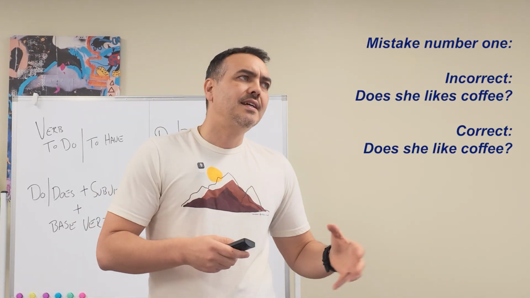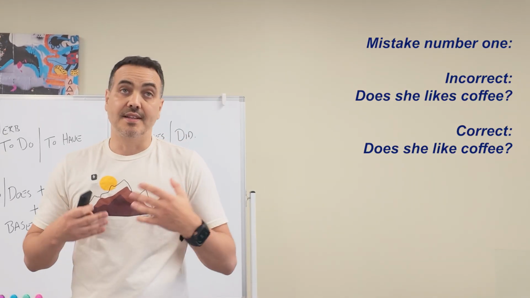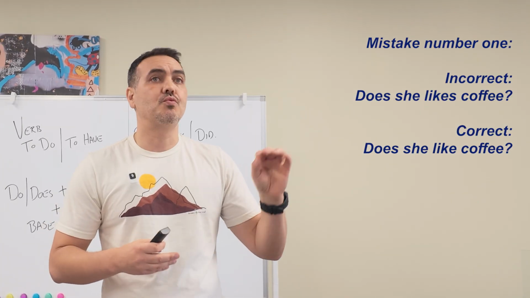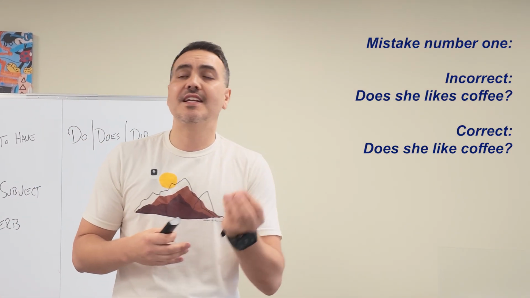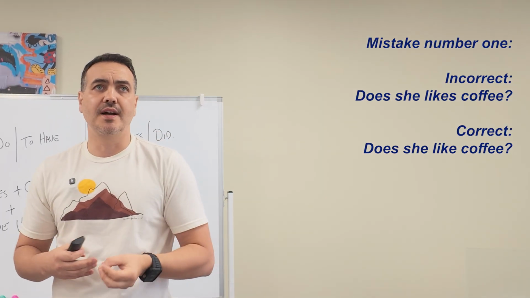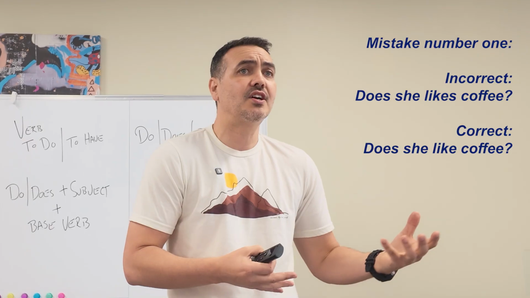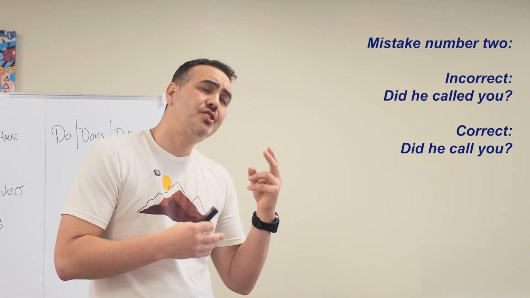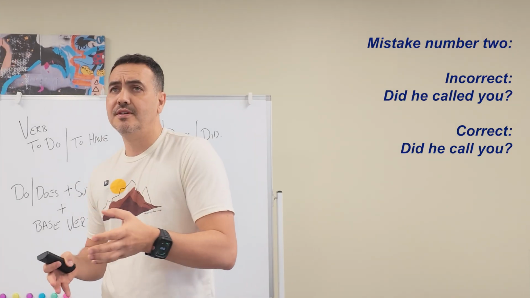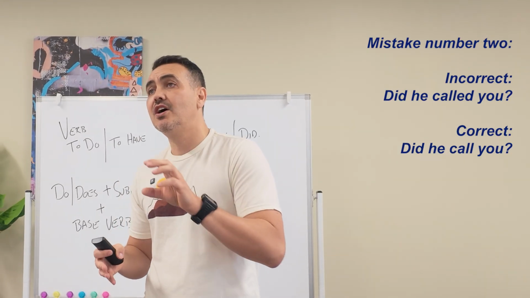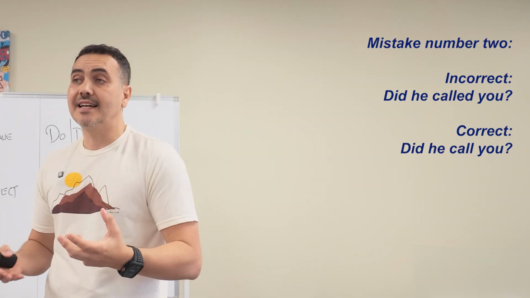So we'll just quickly look at a few common mistakes with this, and that is the first one. If you said something like, does she likes coffee, okay? The correct way to say it would be, does she like coffee? Mistake number 2 would be if you said something like, did he called you? That's actually very common for people practicing English as a second language.